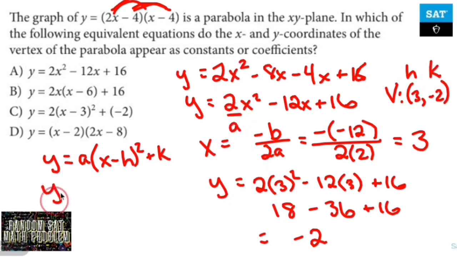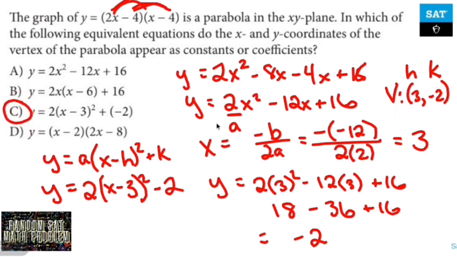So when I put this all together, I get y equals 2 times the quantity x minus 3 squared plus negative 2, or minus 2. I don't know why they put plus negative 2. I guess they wanted to really show that the y coordinate is negative 2. But this is the same as C.